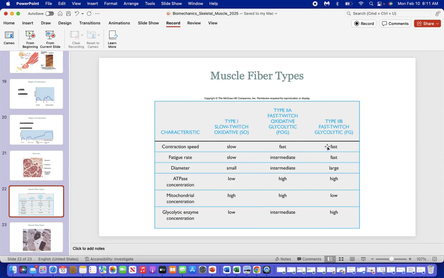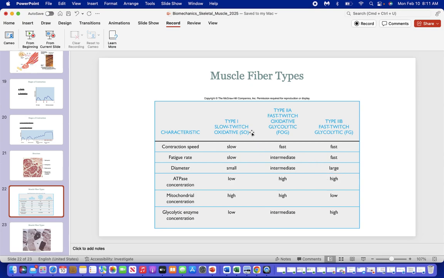In fast twitch, both 2A and 2B have fast contraction speeds, but 2A has an intermediate fatigue rate and 2B has a fast fatigue rate. And 2A has an intermediate or moderate size diameter, 2B has a large diameter.